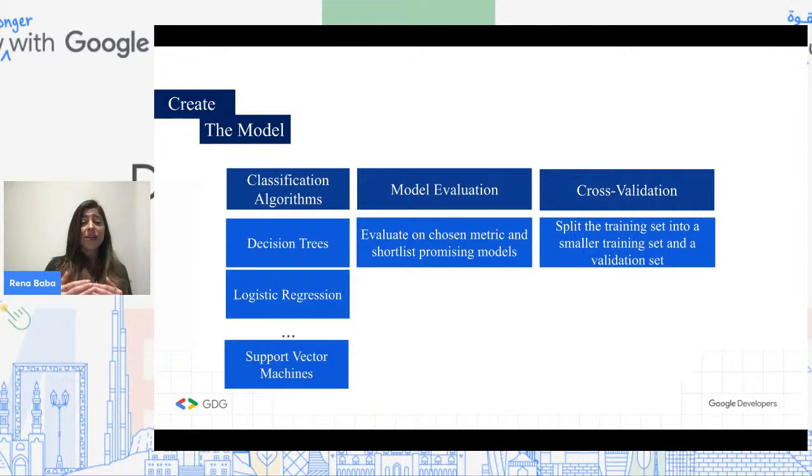If you have really good performance on the training set and really bad performance on the validation set, that means the model is overfitting. With the validation data set, of course, the performance will drop, but it should still be good enough to say, okay, the model can generalize, it's not overfitting. So that's the whole reason behind having a cross-validation set.